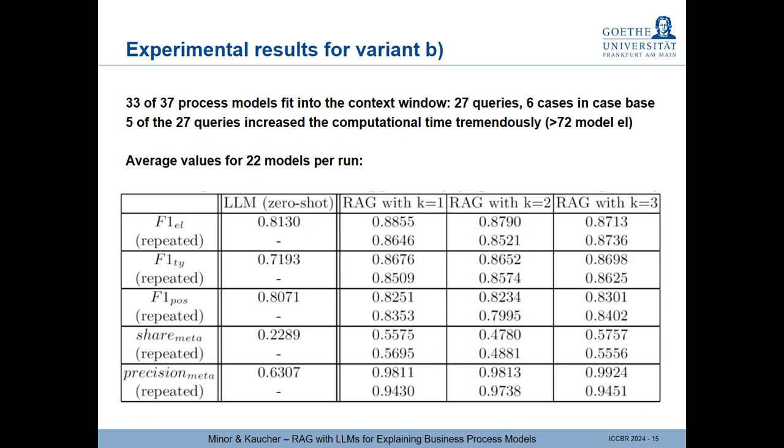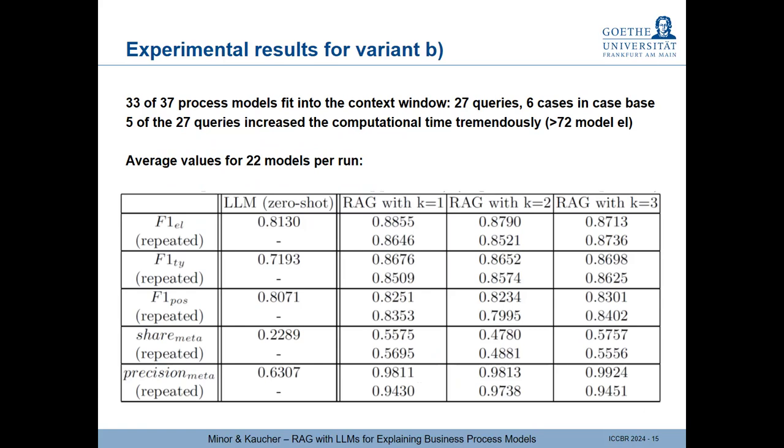The results first show that we were not able to conduct the experiments for all our models, or all our 37 models, since some of them were too large to fit into the context window.